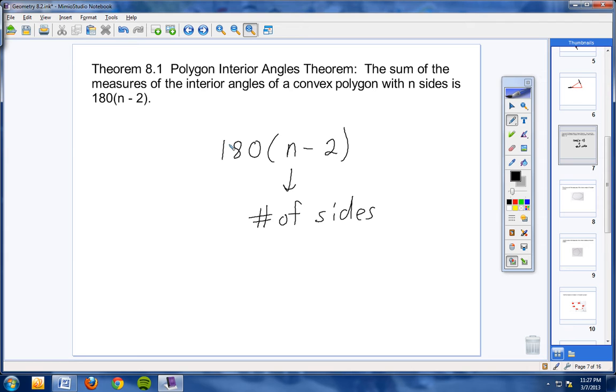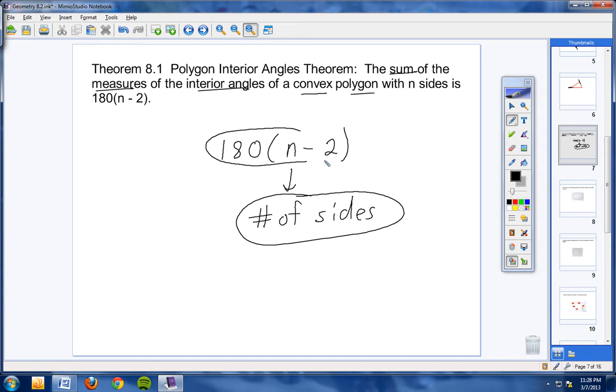So now, no matter what convex polygon I give you, if you know the number of sides, you can tell me the sum of all of the measures of the interior angles by using this formula right here. Let me say that again. If I give you a convex polygon and you know how many sides it has, you can now tell me the sum of the measures of the interior angles using this formula right here. And that's really, really cool.